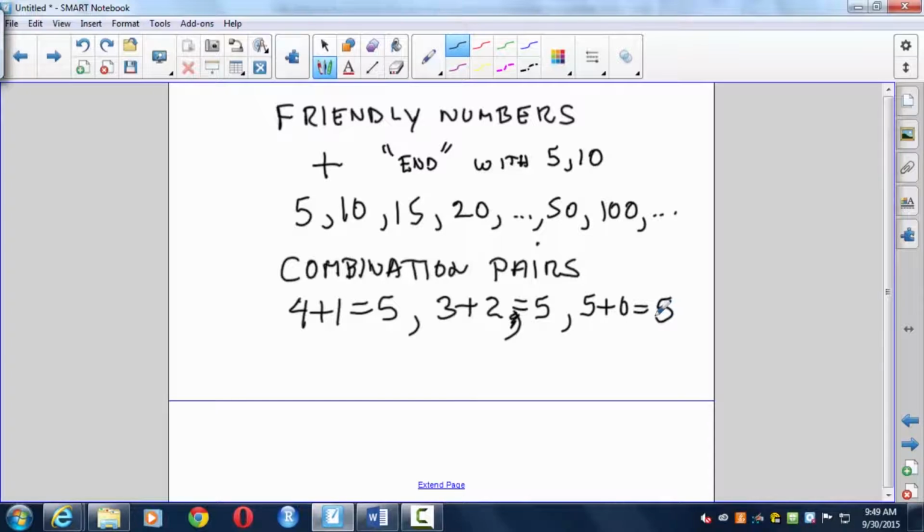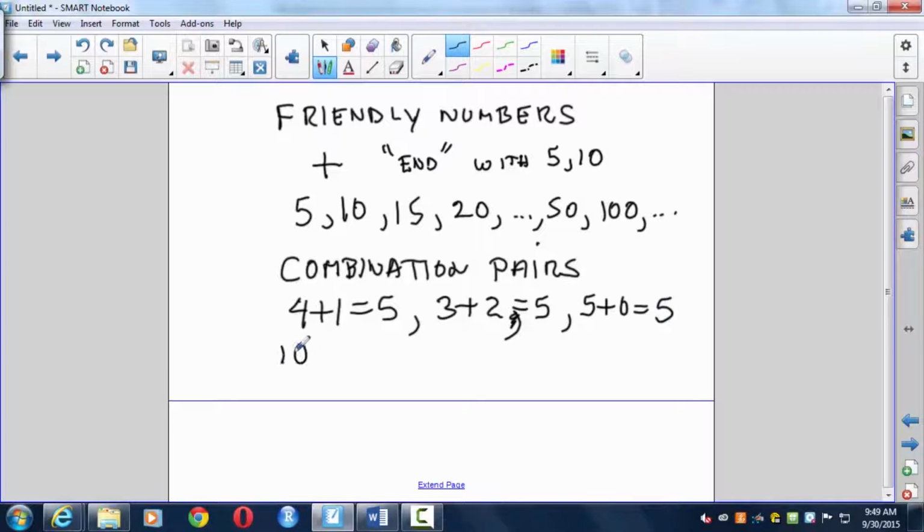These are combination pairs, and we want to create a learning environment where the kids, through manipulatives and through abstract symbolism, such as what I just wrote down, become so familiar with these that they know them, they learn them. We don't want them to memorize those things. We want them to learn their combination pairs, and we want them to learn their combination pairs for 10. So we want them to know that 9 plus 1 is 10, and we want them to know that 8 plus 2 is 10, and so on.